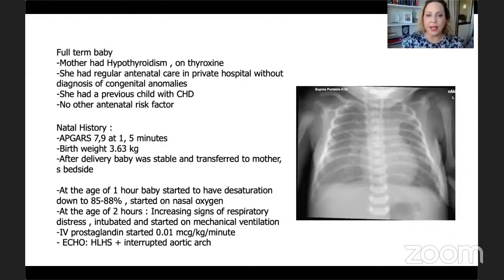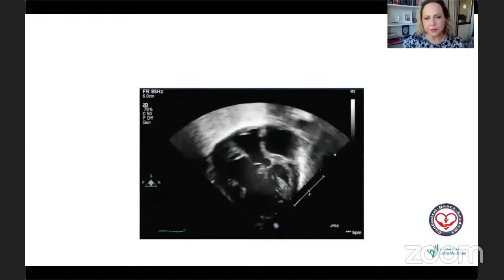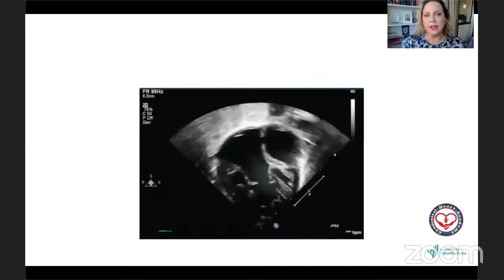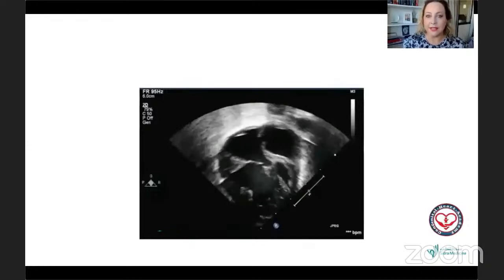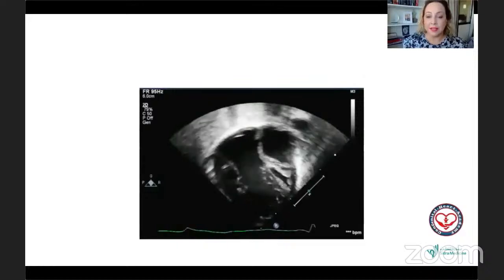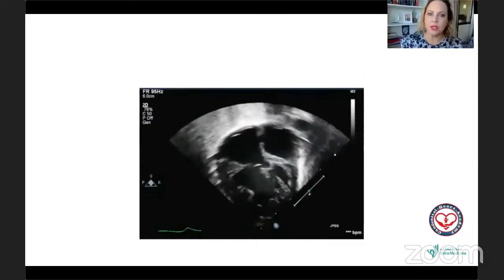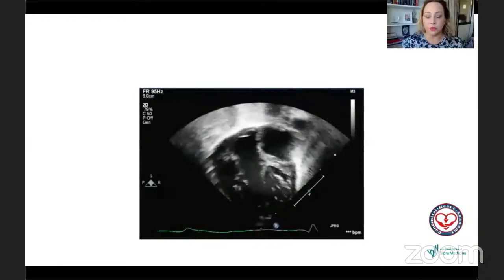Echo was performed, and they could see that this patient had hypoplastic left heart syndrome and interruption of the aortic arch. So at 4 weeks of age, this patient was sent to us. When he arrived, he was in a fair clinical status, but he was on high settings of mechanical ventilation, but had no circulatory issues so far.